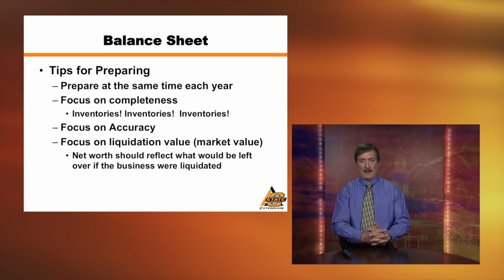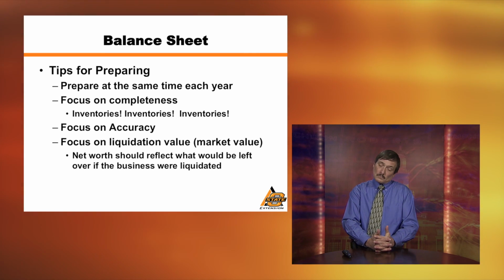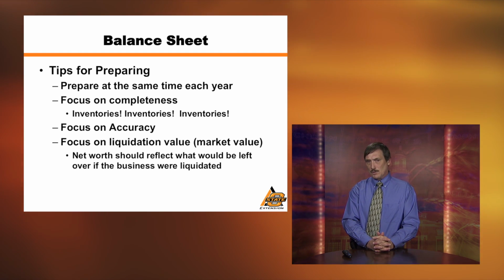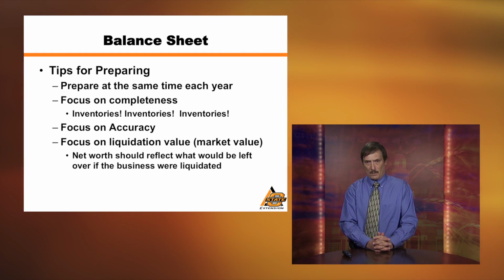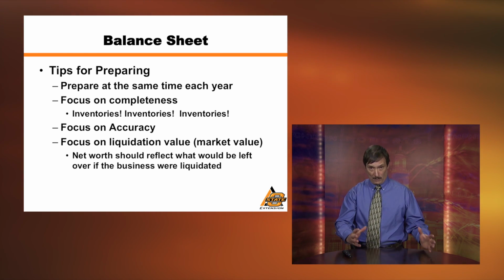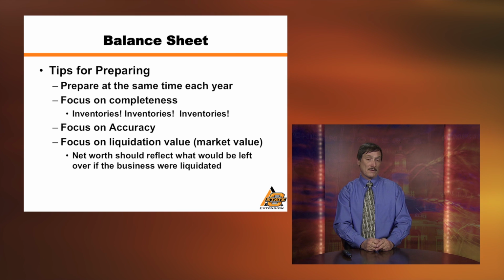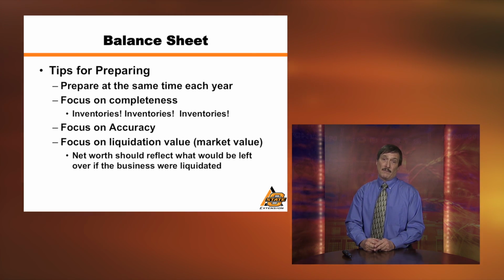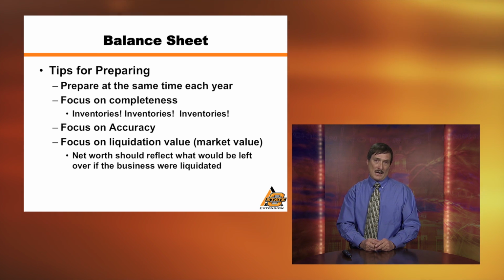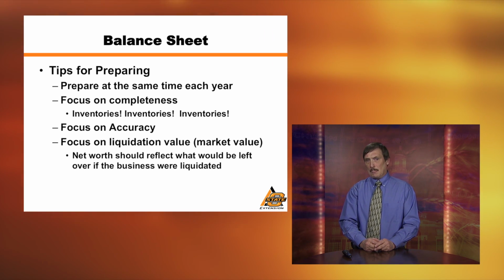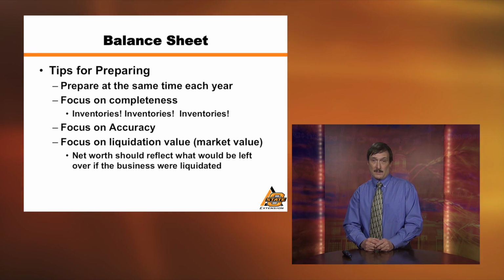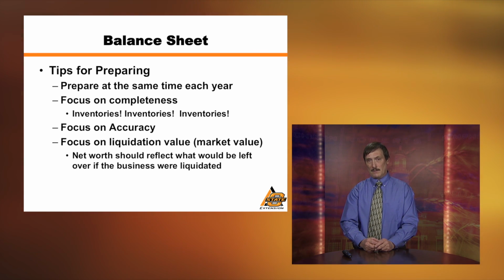A couple tips in preparing. A typical farming operation looks a lot different in June than it does in December. And I really don't care where you're at in the United States. That's true for most farming operations that we deal with in this country. Here in Oklahoma, for example, a wheat stocker cattle production operation in June is going to have either just harvested some wheat or have some wheat ready to harvest.